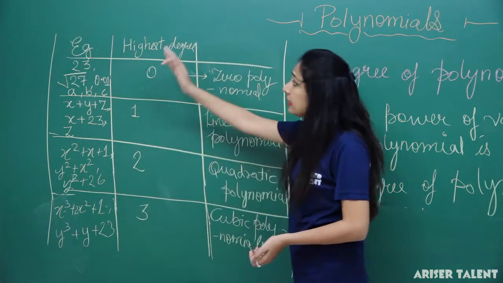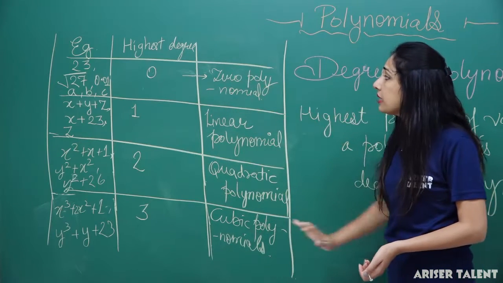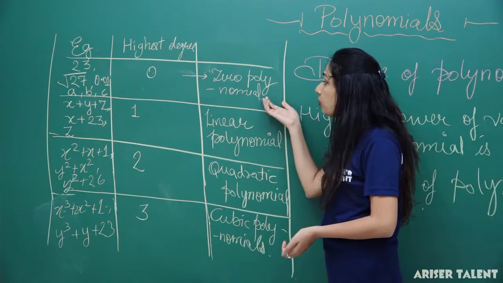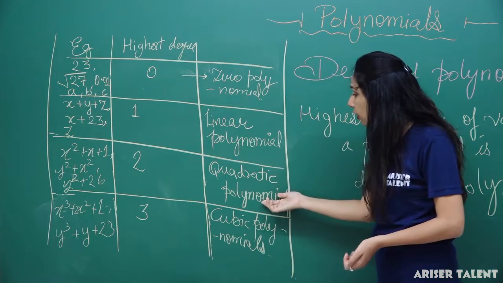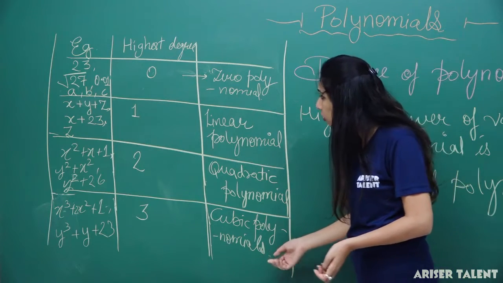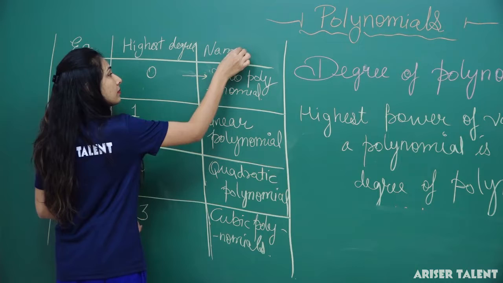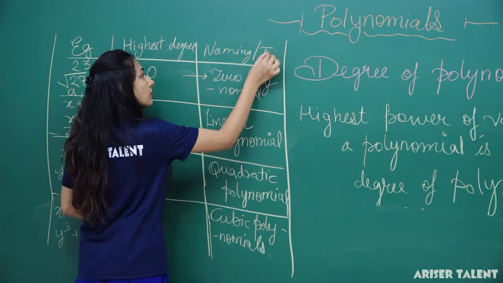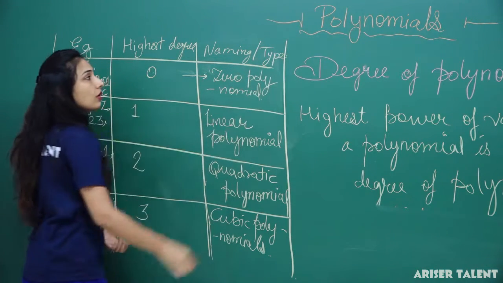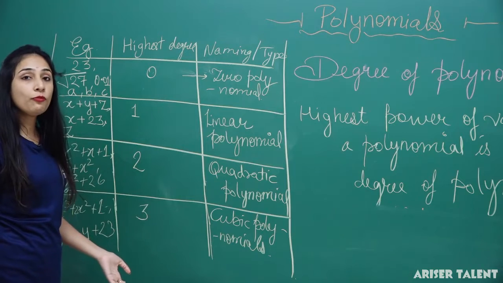Okay, so these are the examples, and now you understand the highest degree. So zero polynomial, linear polynomial, quadratic polynomial, cubic polynomial, these are also types of polynomial.